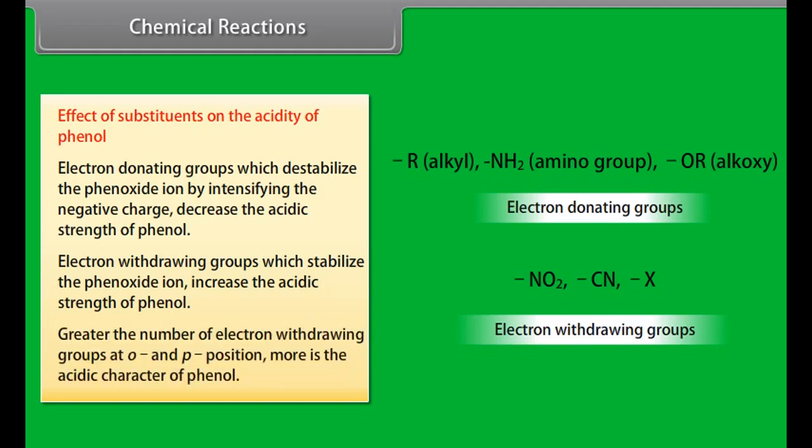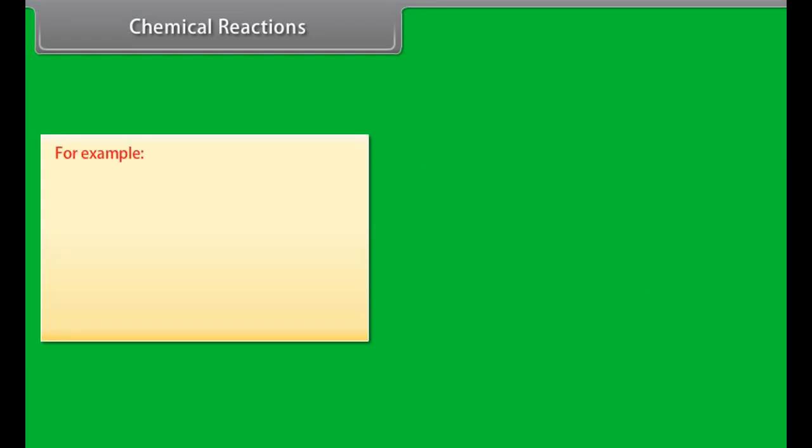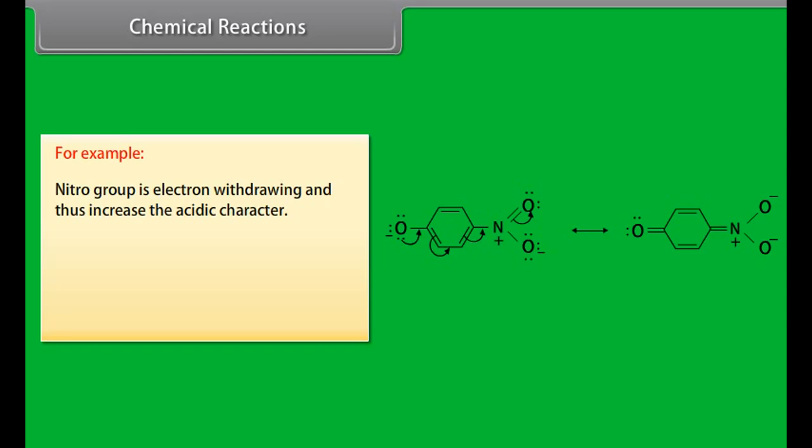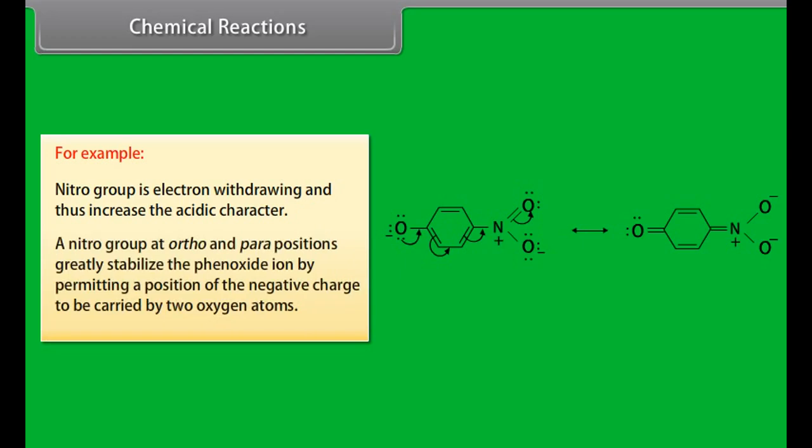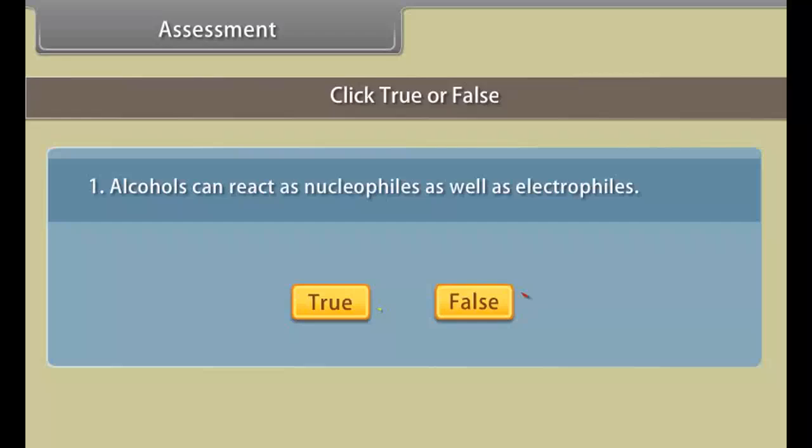Greater the number of electron-withdrawing groups at ortho and para position, more is the acidic character of phenol. For example, nitro group is electron withdrawing and thus increases the acidic character. A nitro group at ortho and para positions greatly stabilizes the phenoxide ion by permitting a portion of the negative charge to be carried by 2 oxygen atoms.